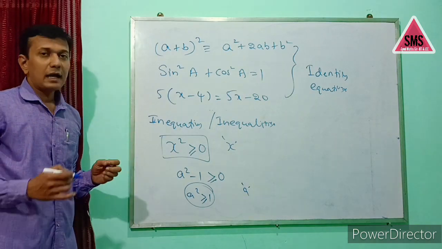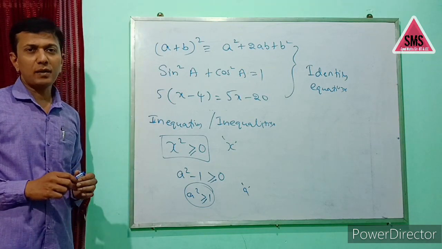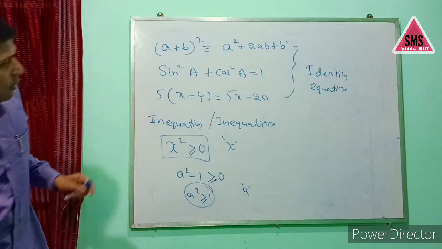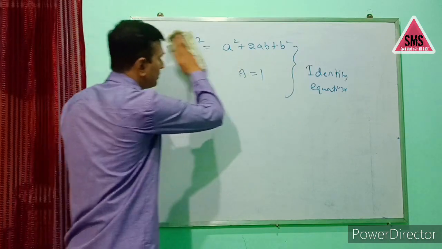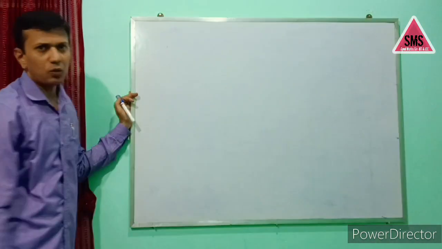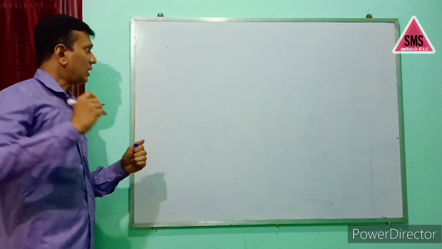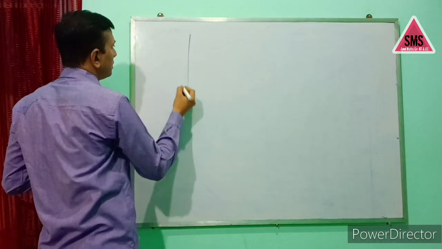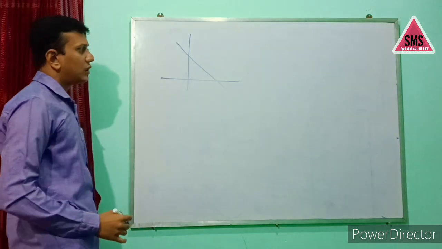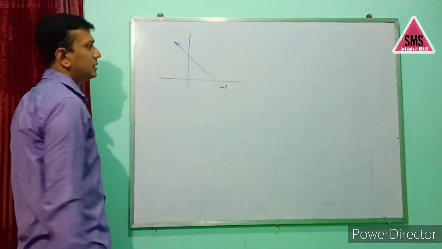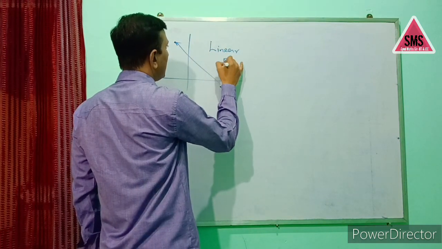Now after this, the graphical representation or graphical interpretation of the zeros of a polynomial. We have already come across, in the starting definitions or basic concepts, linear polynomials and quadratic polynomials, and how the graph is represented. We have seen that any linear equation, after drawing, gives a straight line.